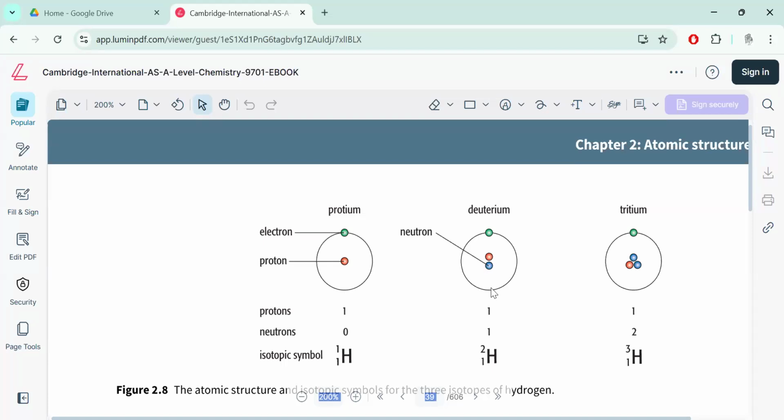All right, so that's what happens. And for the third one, hydrogen 3, we still have the same 1 proton, 1 electron, except we have an additional 2 neutrons. With these 2 neutrons, now it has nucleon number 3.